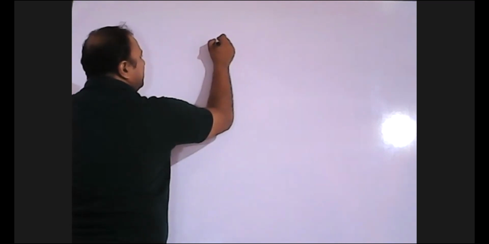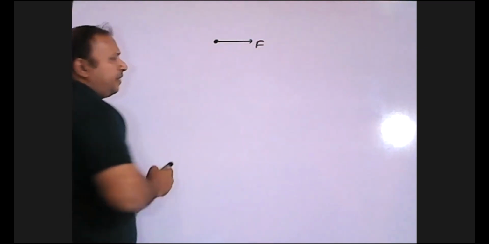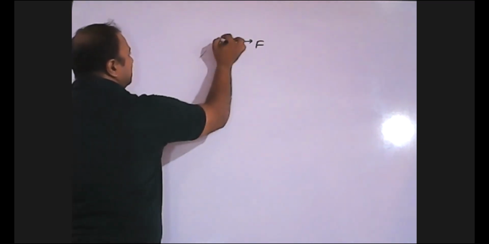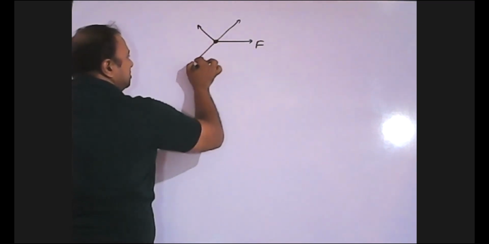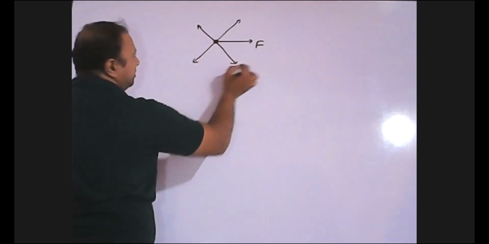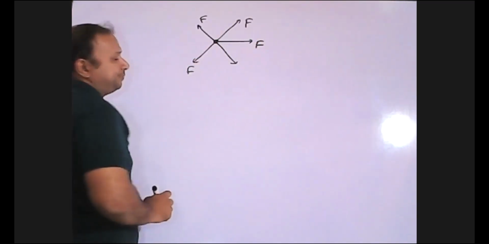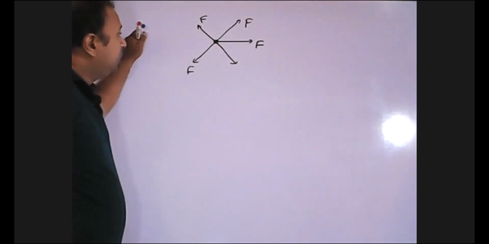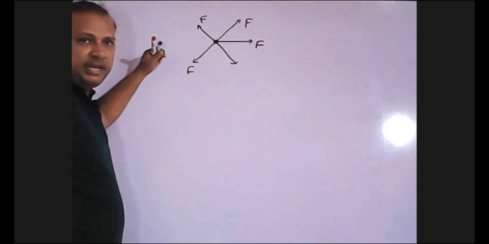Now, there is a point here. 5 equal forces. One is here, and so on. F, F. Okay. The angles between the forces are equal to each other according to the given data.